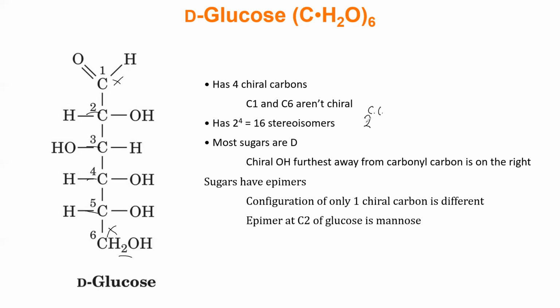The 2 is because there are only 2 directions: you can either have the OH on the right or the OH on the left. So glucose has 16 different stereoisomers. You can make 16 different forms of this sugar based on how you do the chirality of these carbons.